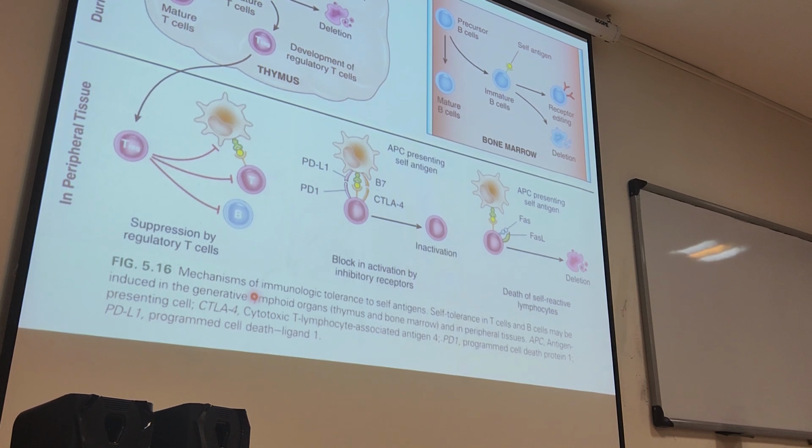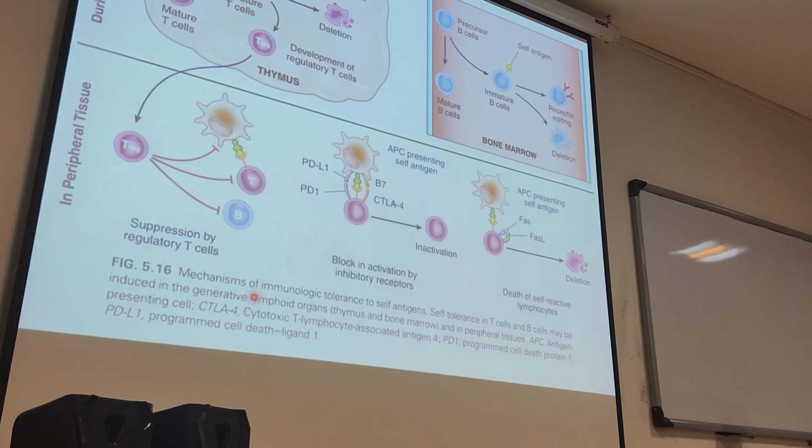Yeah. About T cells, we have apoptosis. About B cells, we have first receptor editing, and if it's not successful, apoptosis.